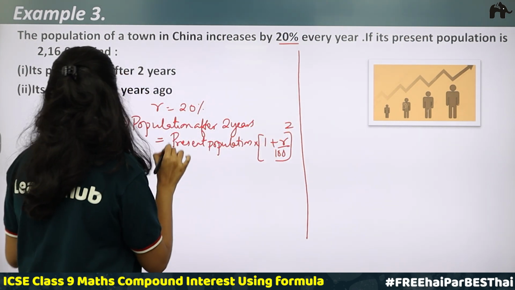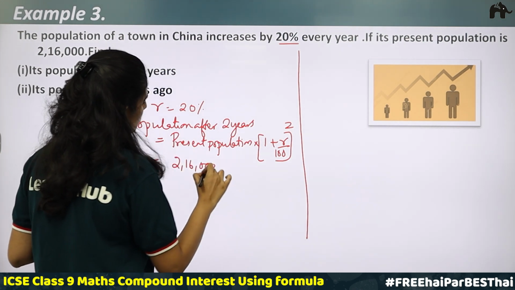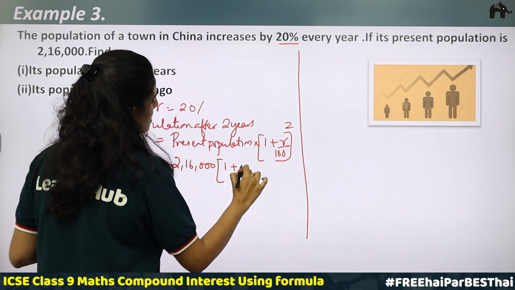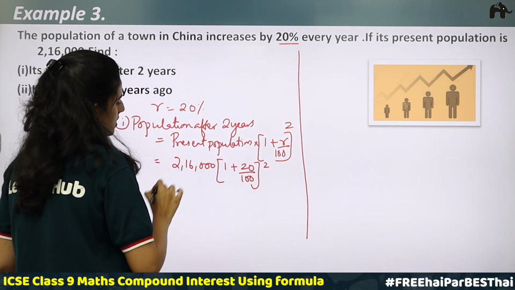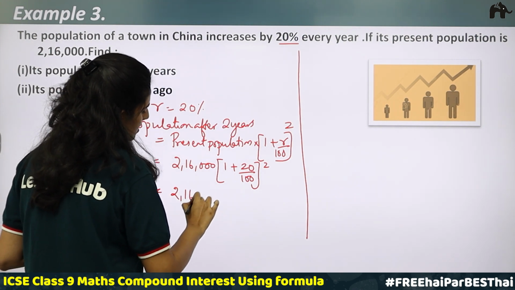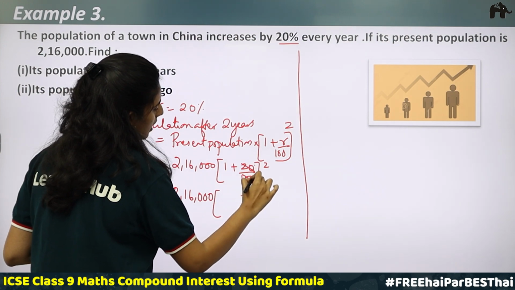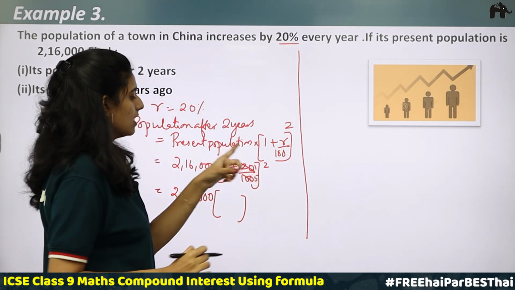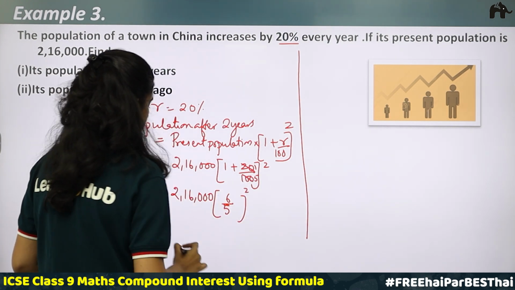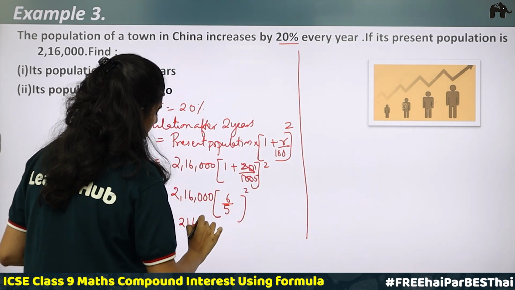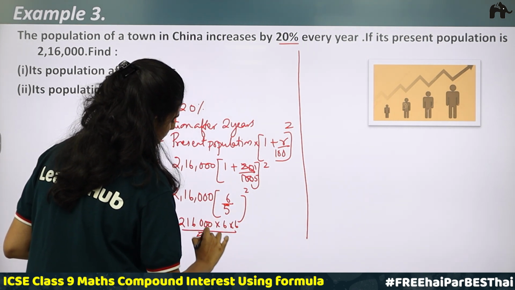Okay, put the values. What is the present population? Present population is 2,16,000 into 1 plus 20 by 100 whole square, which is equal to 2,16,000 into, so this is 1 by 5, 5 plus 1, 6, 6 divided by 5, 6 by 5 square, equal to 2,16,000 into 6 into 6 divided by 5 into 5.